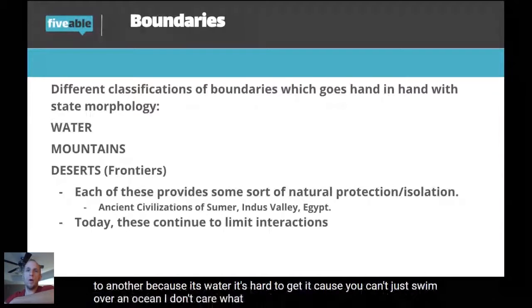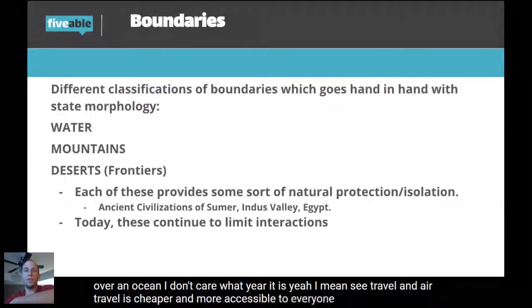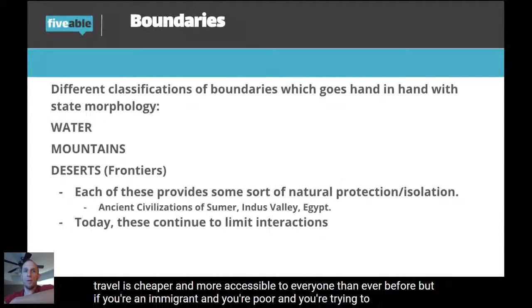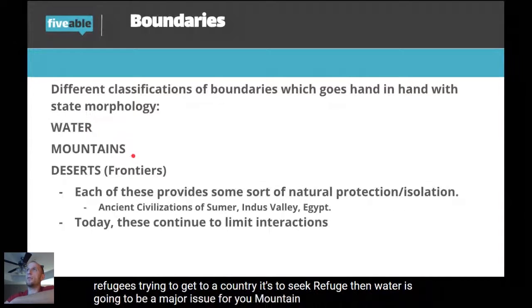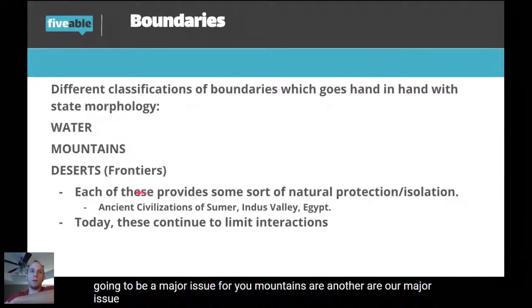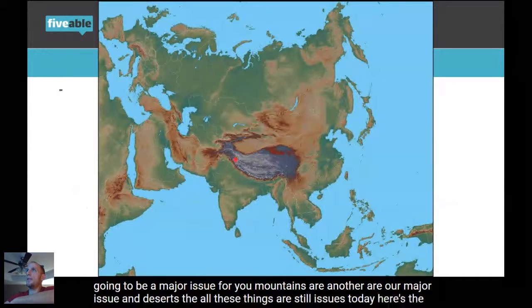You can't just swim over an ocean. I don't care what year it is. Sea travel and air travel is cheaper and more accessible to everyone than ever before. But if you're an immigrant and you're poor, particularly a refugee trying to get to a country to seek refuge, then water is going to be a major issue for you. Mountains are a major issue, and deserts. All these things are still issues today.